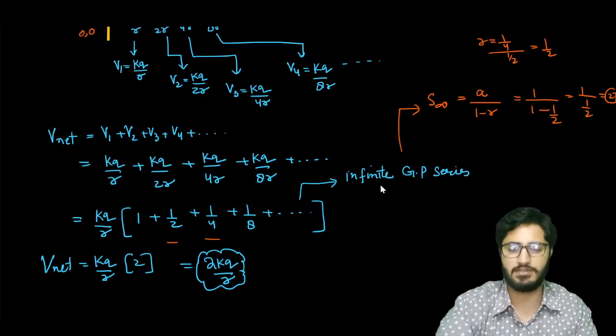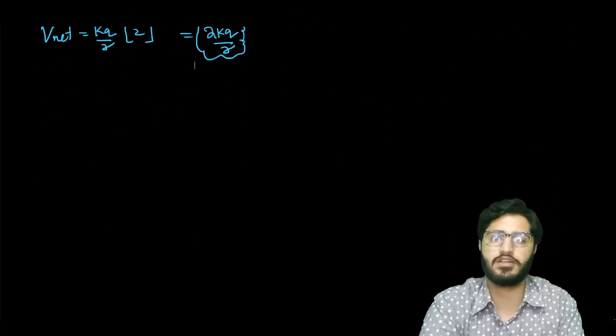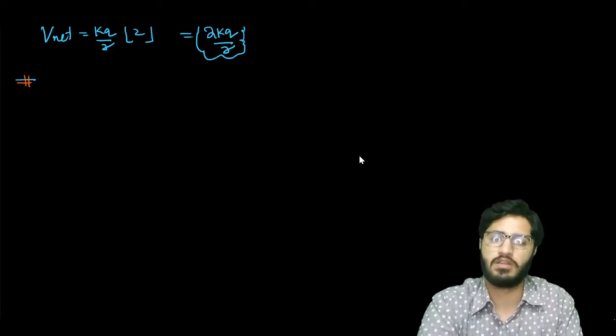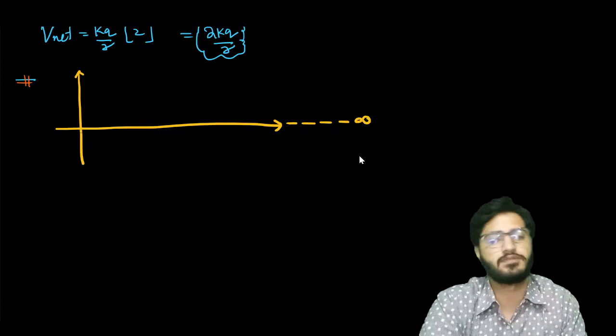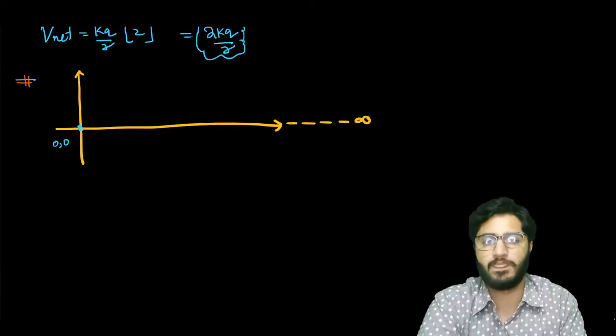One more numerical, and the numerical will be similar, the ditto one, but with different charges. Look, if we have something like this, it is up to infinite. Here this is my center at 0 comma 0.